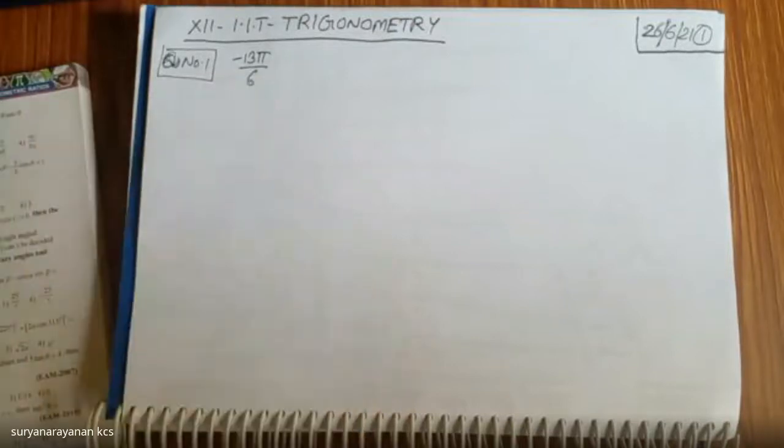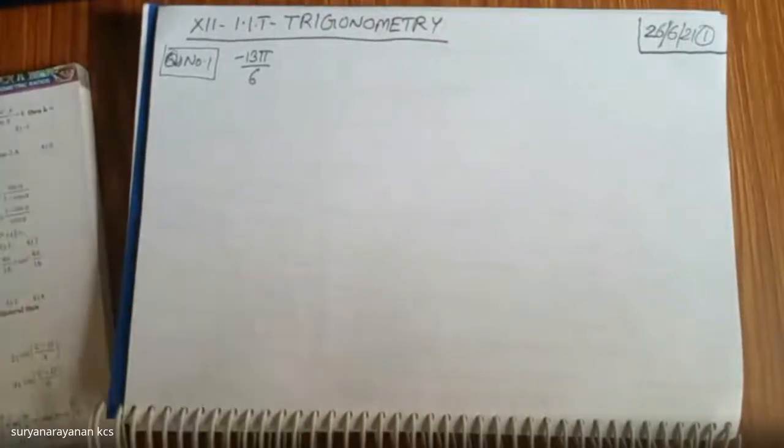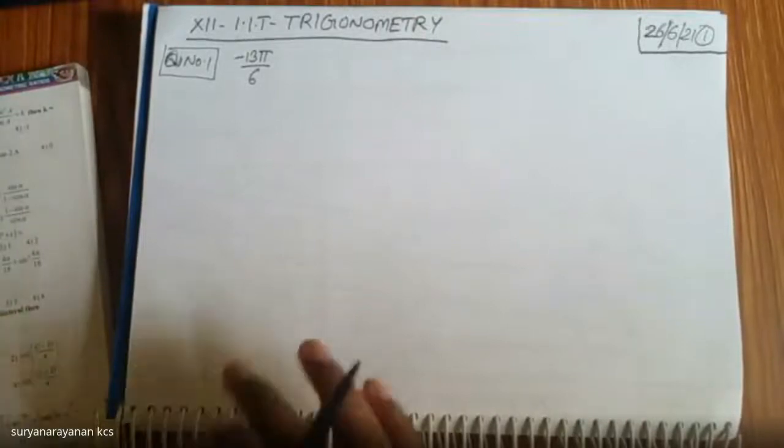So we have to remember the relation between radian measure and degree measure. How many degrees make pi radians?